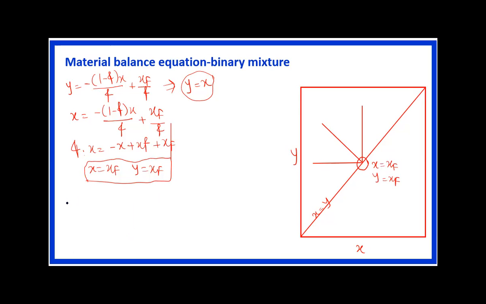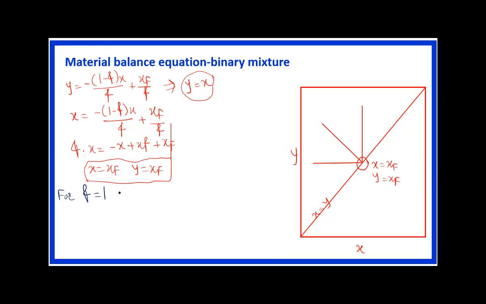Suppose if small f equal to 1. It means whatever the feed is there, 100% feed is converted into vapors. So if that is the case, then what will happen?